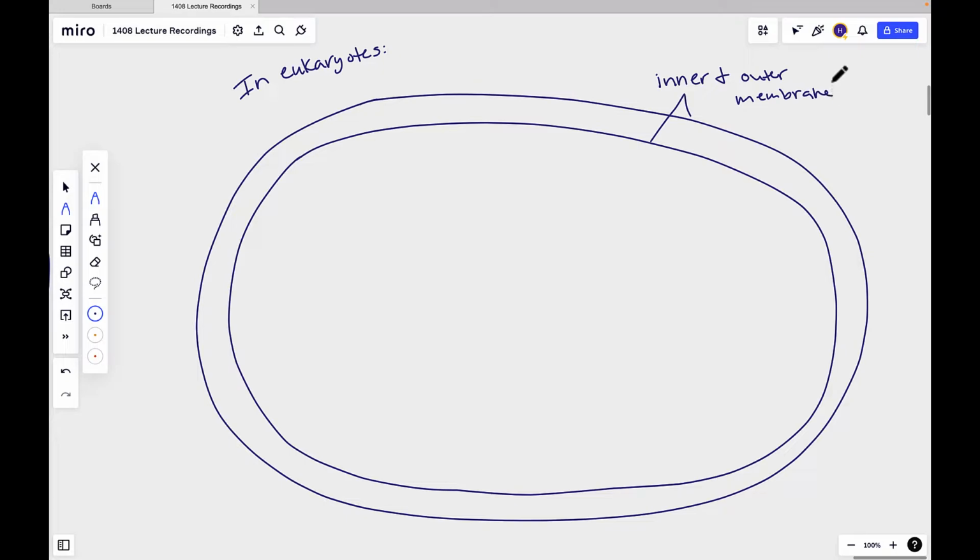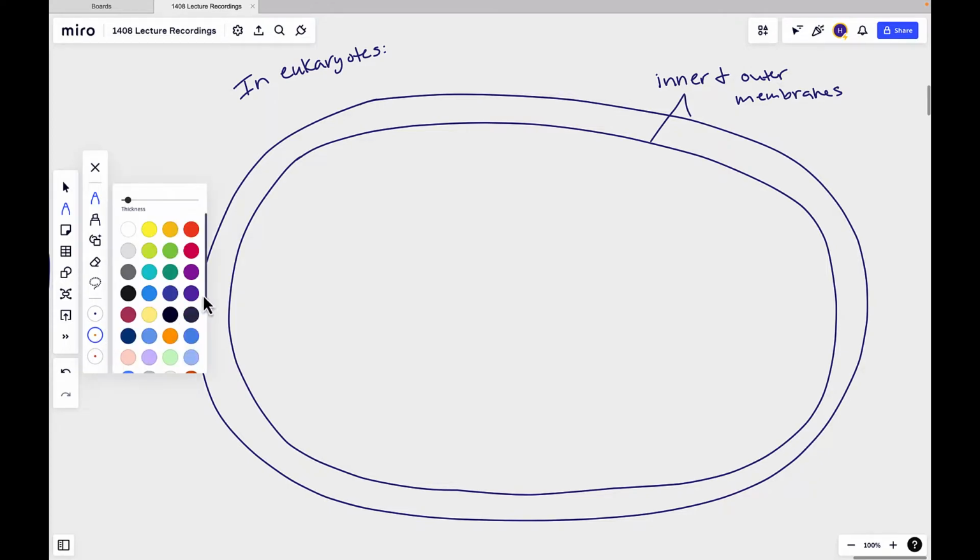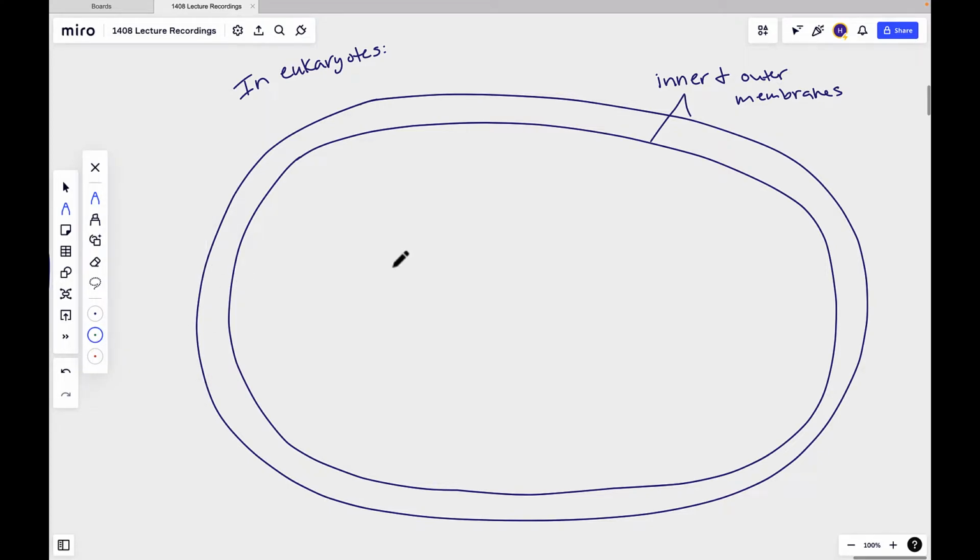Okay. And there's more membranes inside of the chloroplast. I'm just going to draw one stack of them, but there are many, many stacks of these. I'm drawing one because we need room to draw other things in our chloroplast.